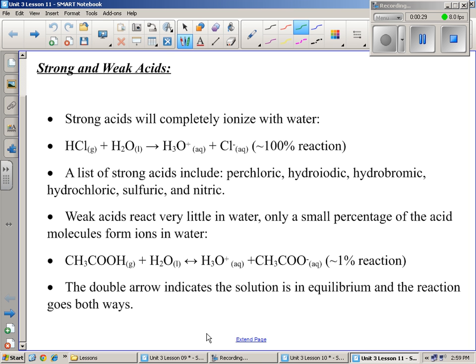And what do you get out of that? When you react these together, you get almost 100% of these ions. Is that a good conductor, poor conductor, or not conductor? What do you think? Actually, very good, right? Look at all the free ions you have here.